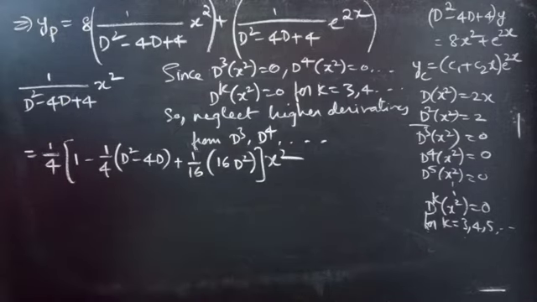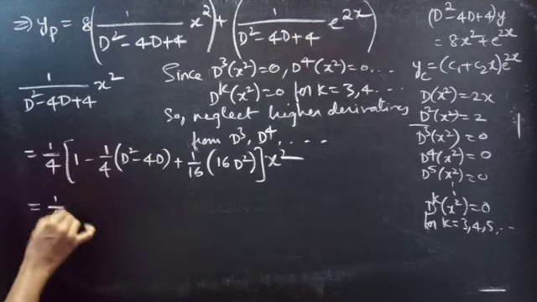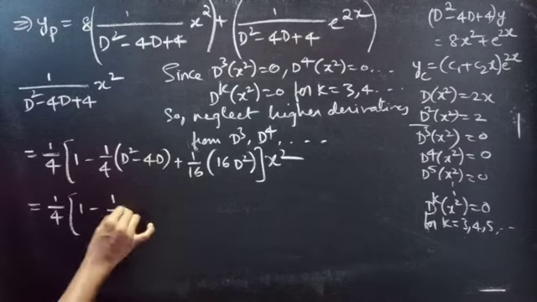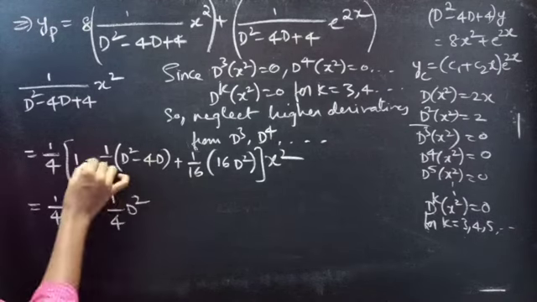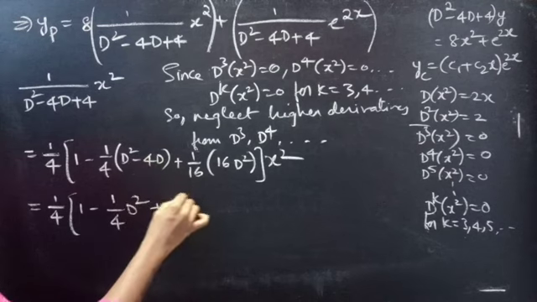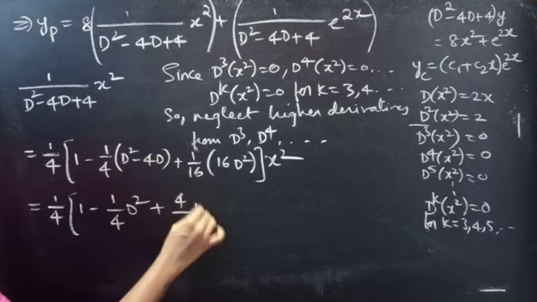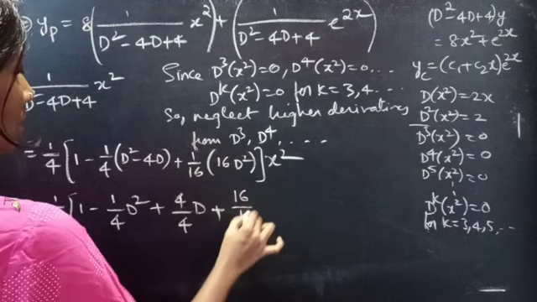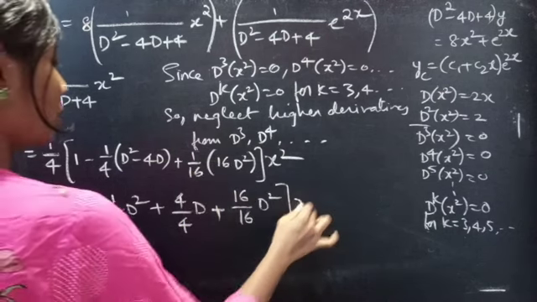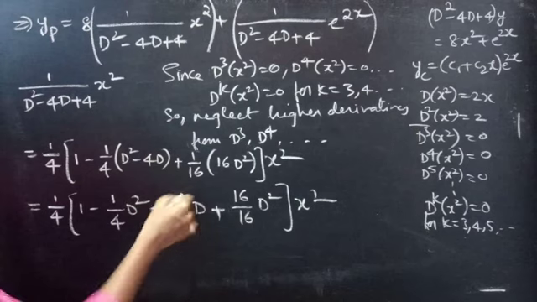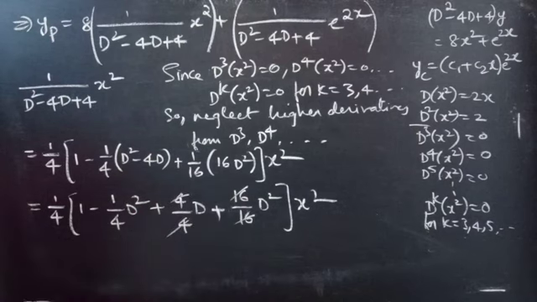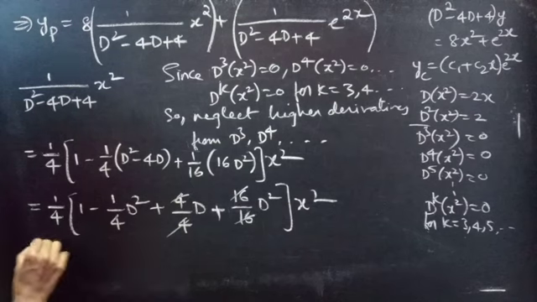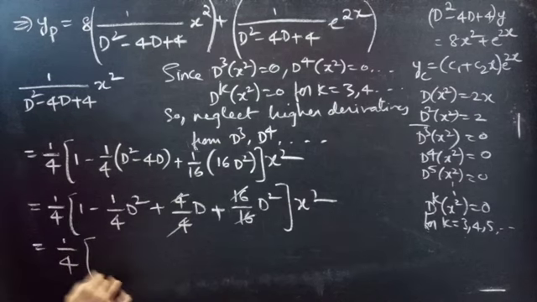Fine. This equals 1 by 4 into 1 minus 1 by 4 d square, minus into minus plus 1 by 4 into 4 is 4 by 4 d plus 16 by 16 d square into x square. 4, 4, 16, 16 get cancelled. This becomes 1 by 4 into 1.